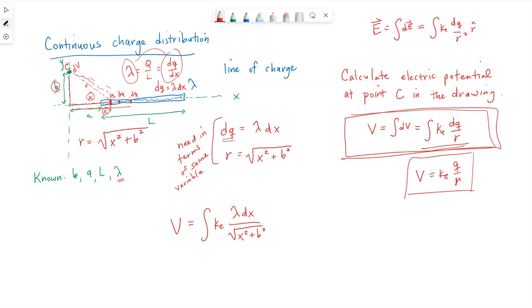Our limits will be from the left end of the rod, which is located at point A on the x-axis, to the right end of the rod, which would be located at A plus L. If the charge is uniform, we can pull out lambda. K, of course, can be pulled out because it's a constant, regardless. So I still have my limits.